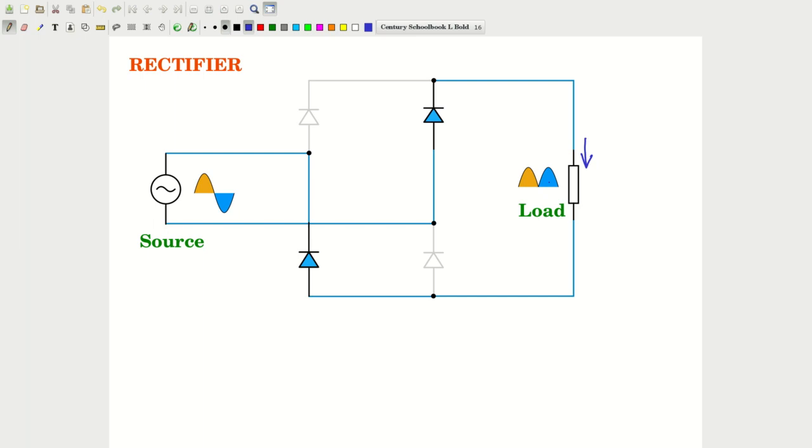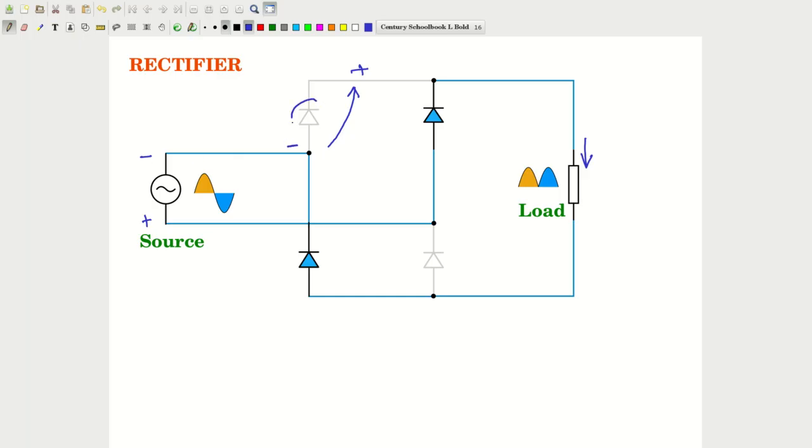Now let me just tell you how this diode gets reverse biased here. So you saw that when the blue colored diodes are conducting, this is positive with respect to this terminal. So when this blue diode is conducting, this point is at a positive potential with respect to this.